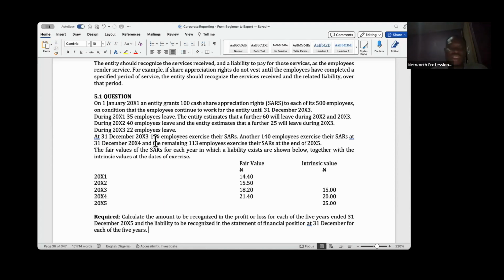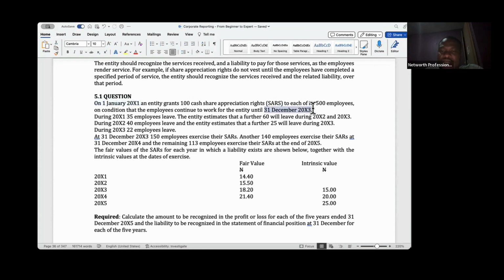But let's use this to see if we can understand how to determine the number of employees that will vest, which is the main thing in share-based payments. When you understand that, the other ones are not difficult at all. Okay, so again, this is the grant date.